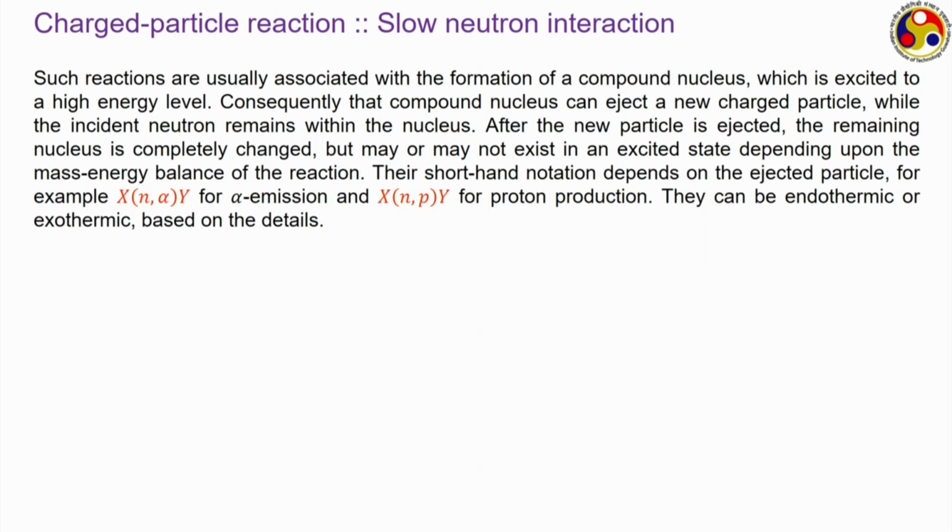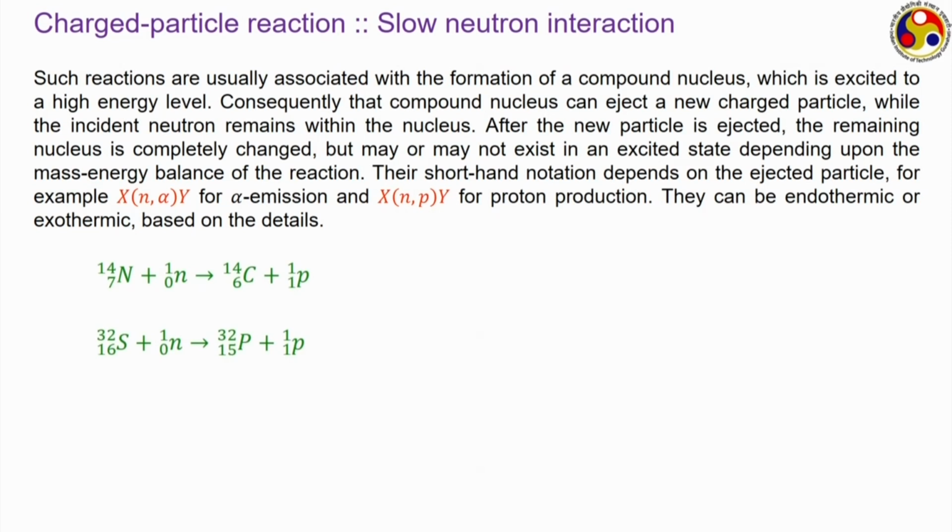The neutron remains inside the original nucleus, but the new particle that comes out leads to the development of a new isotope, which can be in an excited state or can be back to the ground level because of gamma radiation. These kinds of reactions can be endothermic or exothermic based on the details. A couple of examples I am showing here.